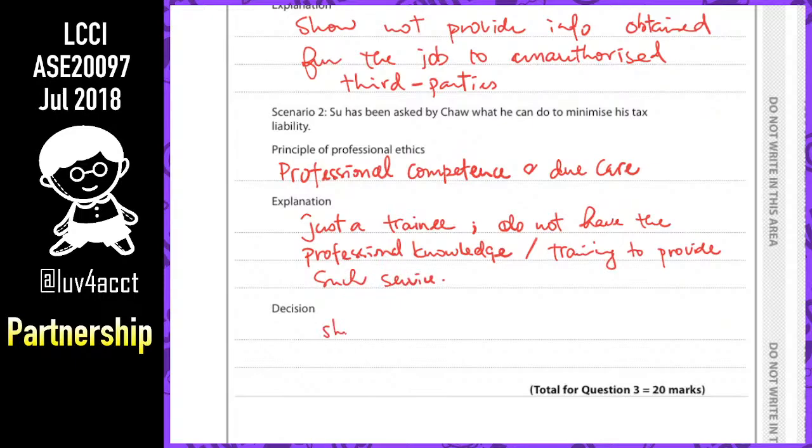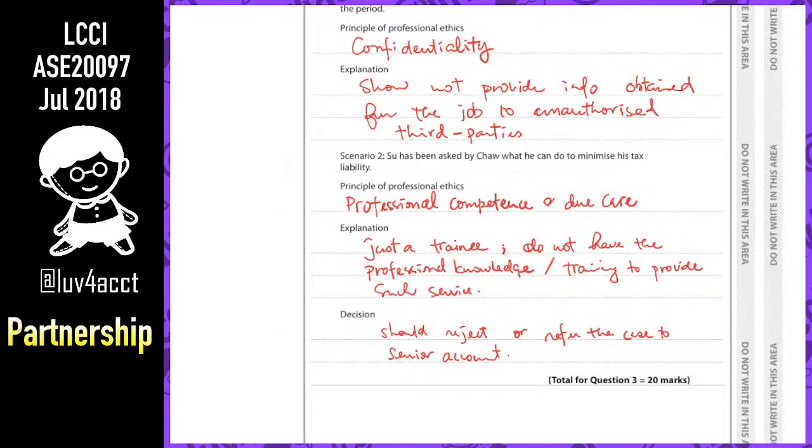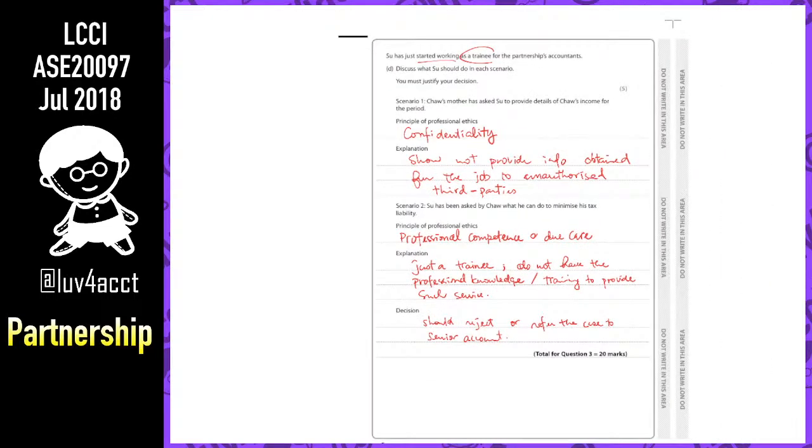Should reject, or refer the case to the senior accountant of the firm.